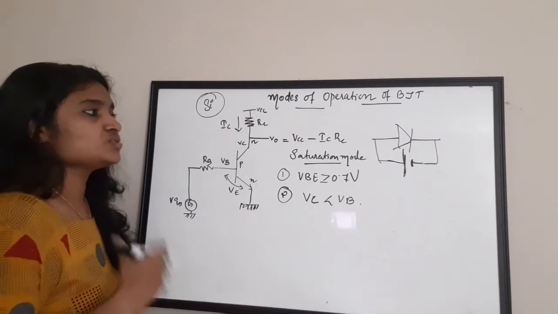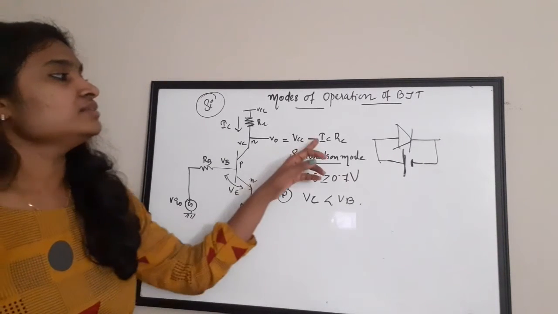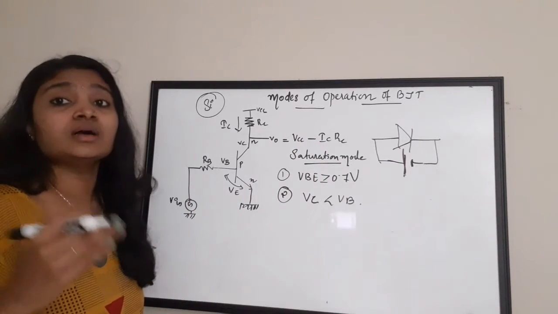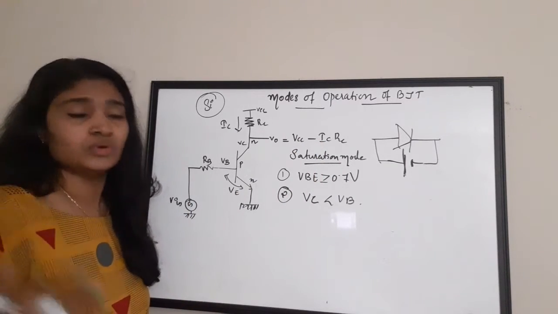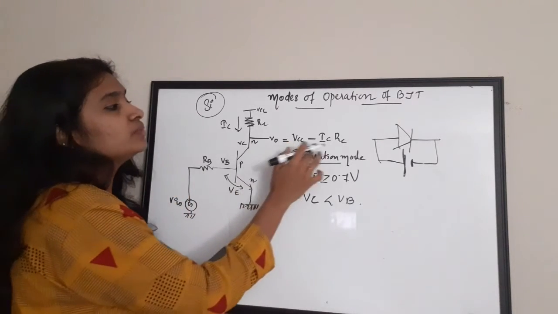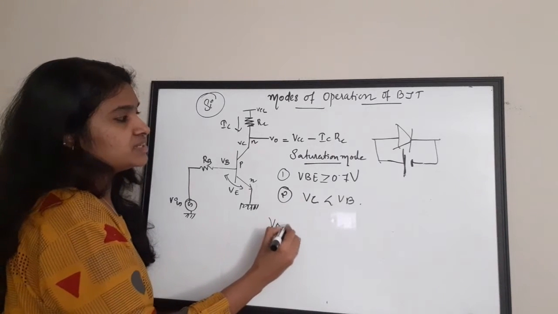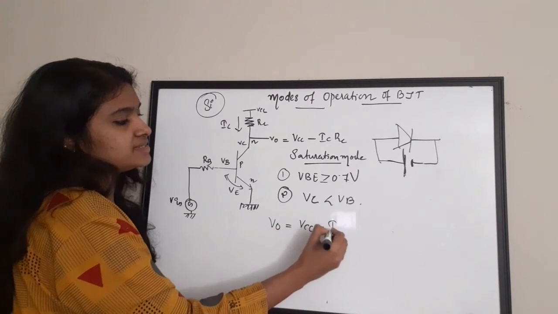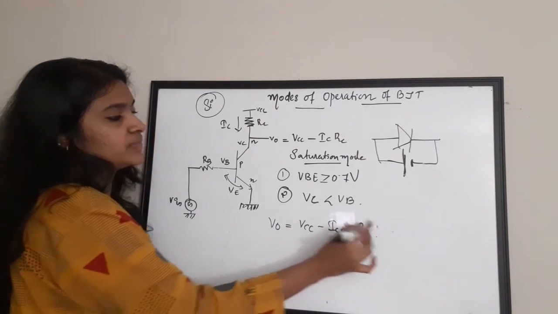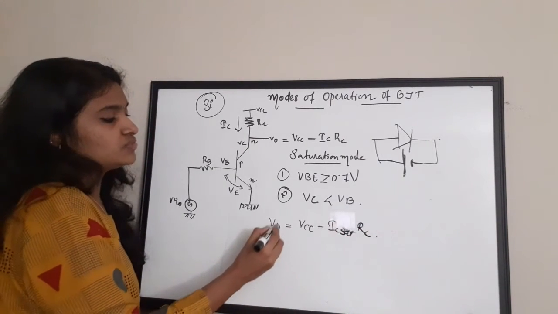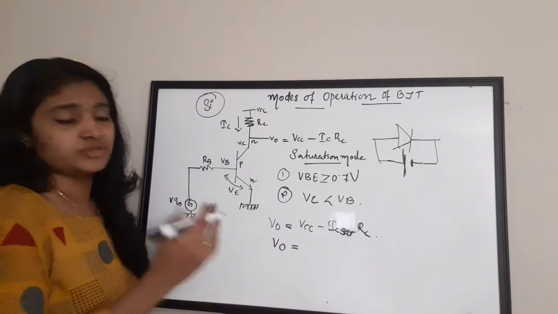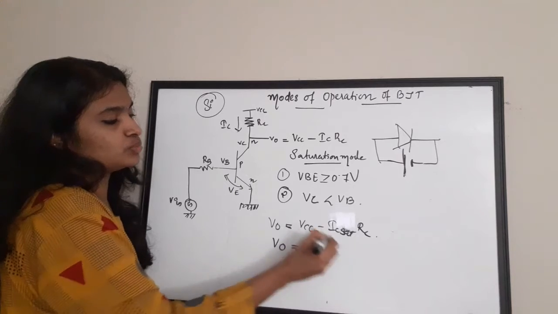What will happen in saturation mode is that when the value of IB is increased, after a particular saturation value the IC will get saturated. So we will get V out equals VCC minus IC sat into RC. This voltage will be almost equal to 0.2.